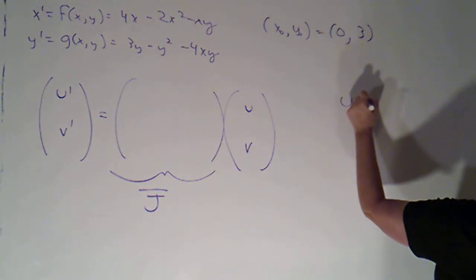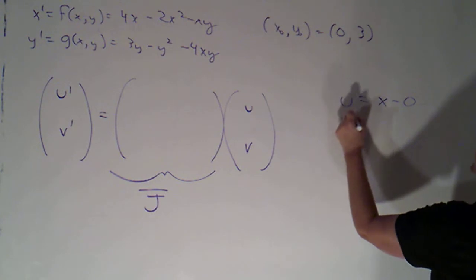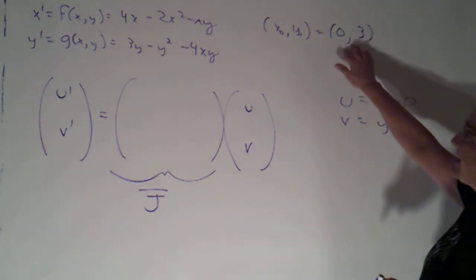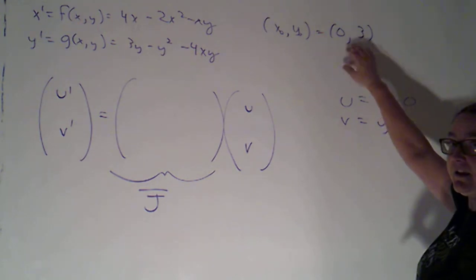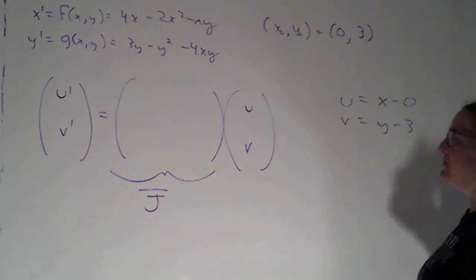And U is just going to be x minus 0, so it's just x. V is y minus 3. And what that's doing is taking this point in the xy plane and associating it with the origin, 0, 0, in the UV plane.